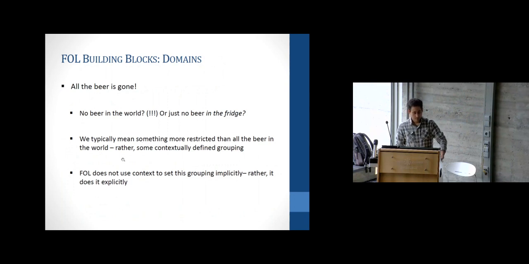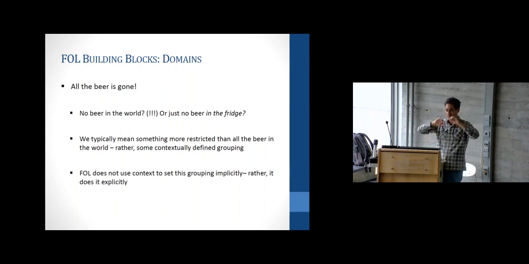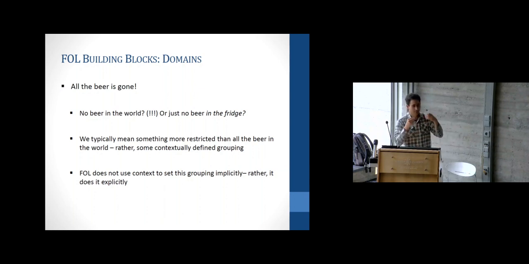In English, we use context to figure out how general I'm speaking. It's obvious that I'm not saying all the beer in the world is gone when I'm talking to a friend at my home, for example. In first order logic, we don't have this context tool to disambiguate statements.